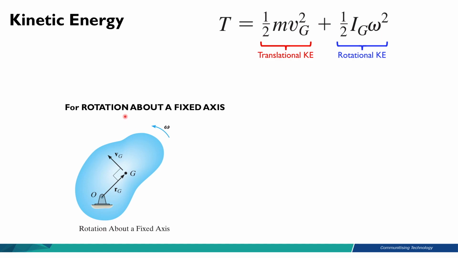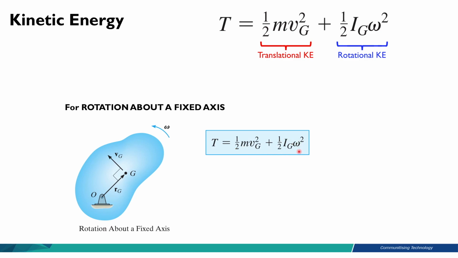For rotation about a fixed axis, say the rigid body is now fixed or pinned at point O and it is currently rotating about point O, then the kinetic energy will have both terms, the translational term half mVg square, and also the rotational term half Ig omega square.